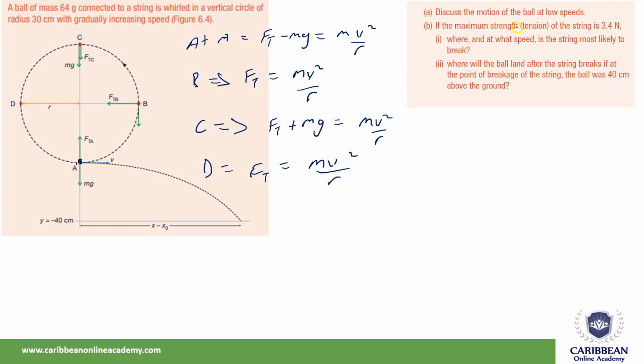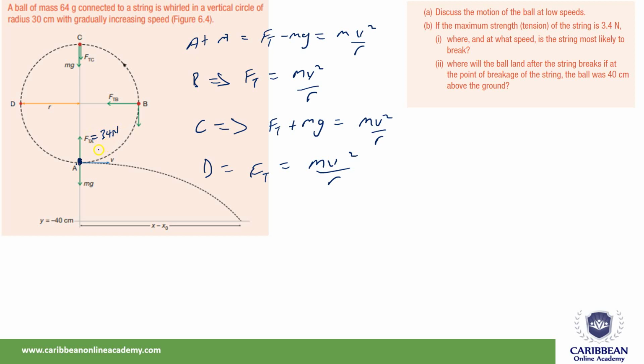Now it says if the maximum strength or tension of the wire or the string is 3.4 newtons, where and at what speed is the string most likely to break. If you can remember, we said that at the bottom, that's when you would have maximum tension in the string. So the maximum tension is located at this point, which is 3.4 newtons.